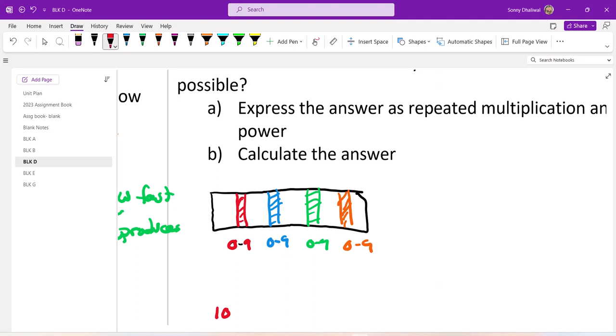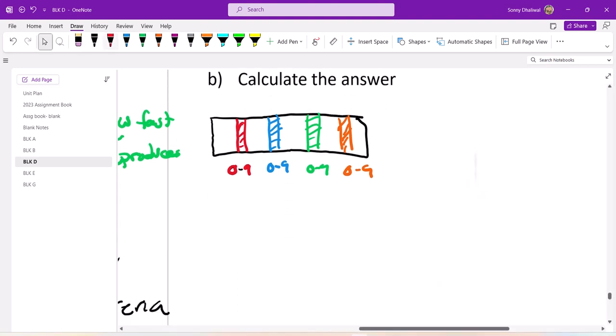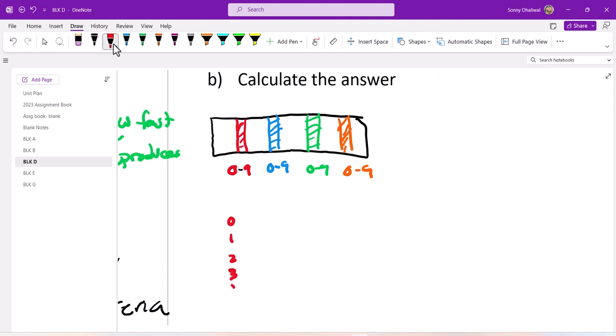Now, if we had another dial, all of a sudden it becomes a little bit more complicated, more combinations. What Malik was saying was, hey, the first dial can be 0, 1, 2, 3, going all the way to 9. So there are 10 numbers there. Now, the second one also has 10 combinations.